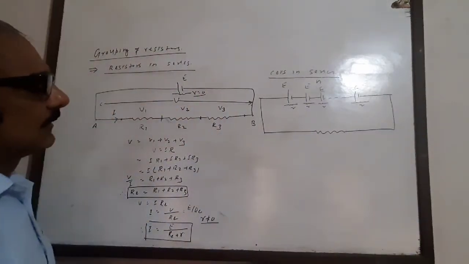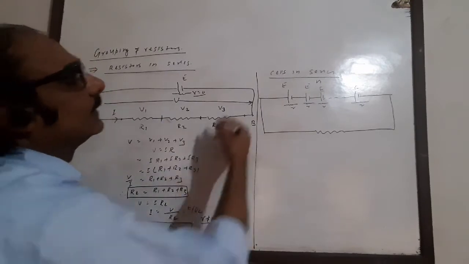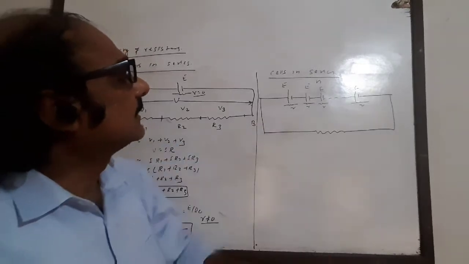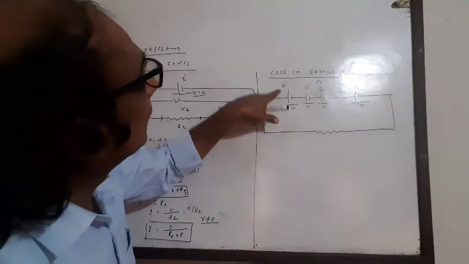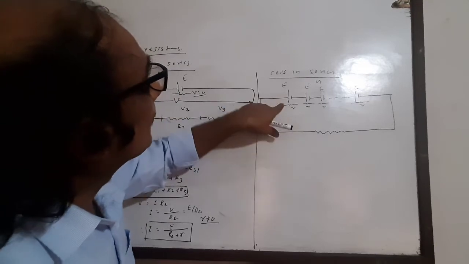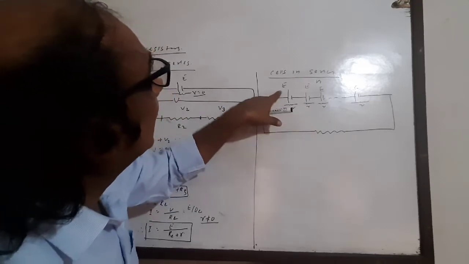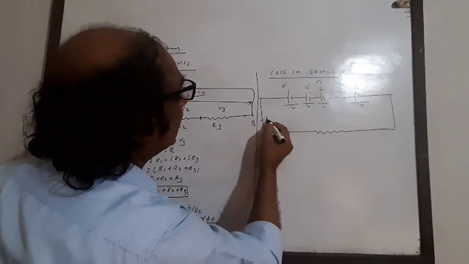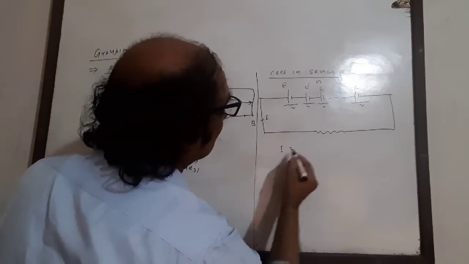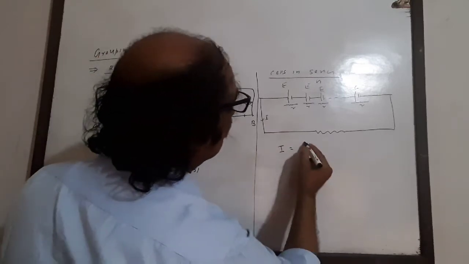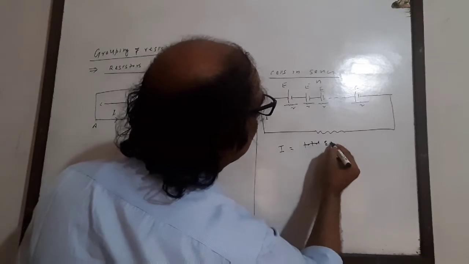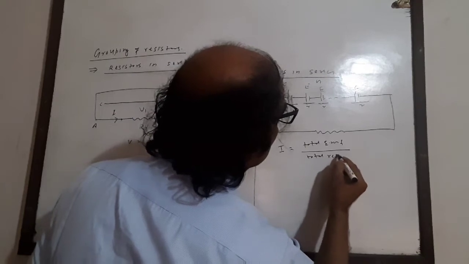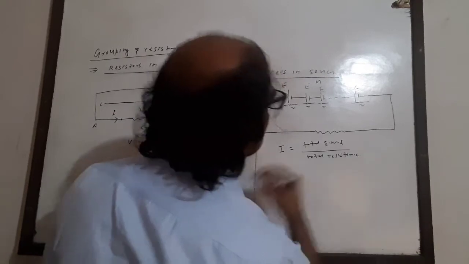So in this situation, n cells are connected in series, the internal resistance of each cell is small, and the electromotive force is equal to E. So the total current I can be obtained: total current equals total EMF by total resistance.